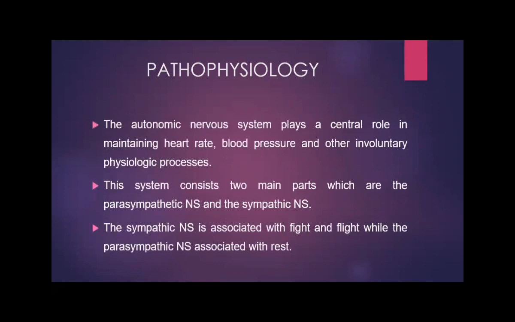So in our circulatory system, we have an autonomic nervous system that plays a central role in the heart rate, blood pressure, and other involuntary physiological processes. This autonomic nervous system is very important, and it has two main parts: the parasympathetic nervous system and the sympathetic nervous system.